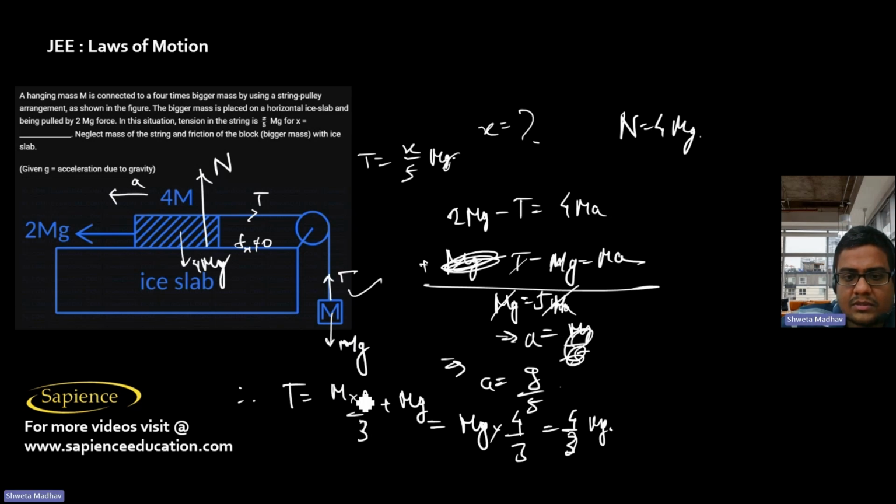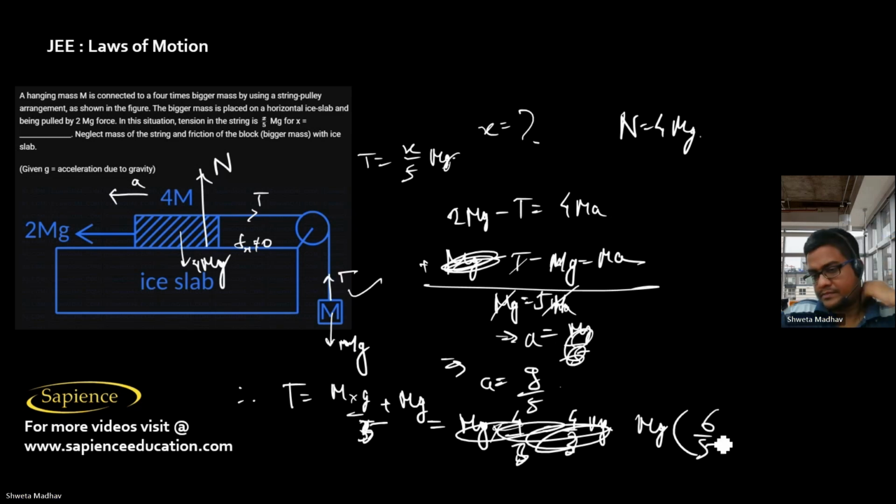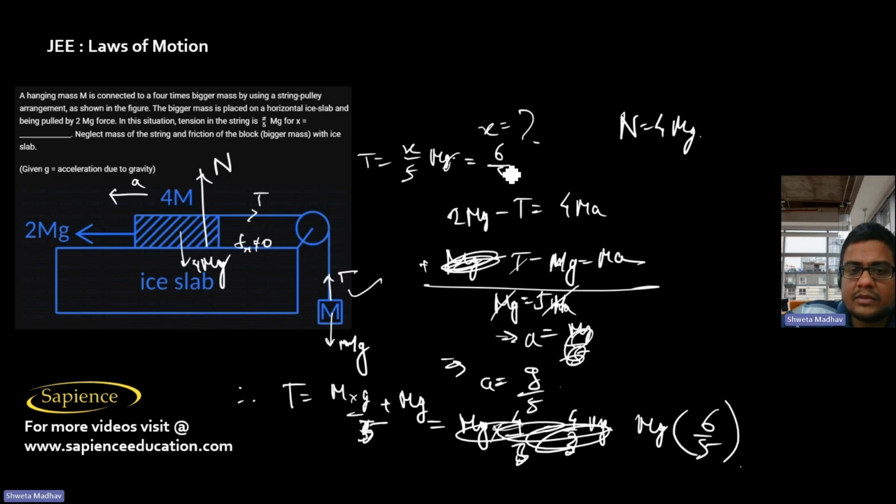So it is ma plus mg, a is g by 5, so mg by 5 plus mg. It is mg into 1 plus 1 by 5, that is 6 by 5. So this tension force is equal to 6 by 5 mg. So therefore x should be equal to 6.